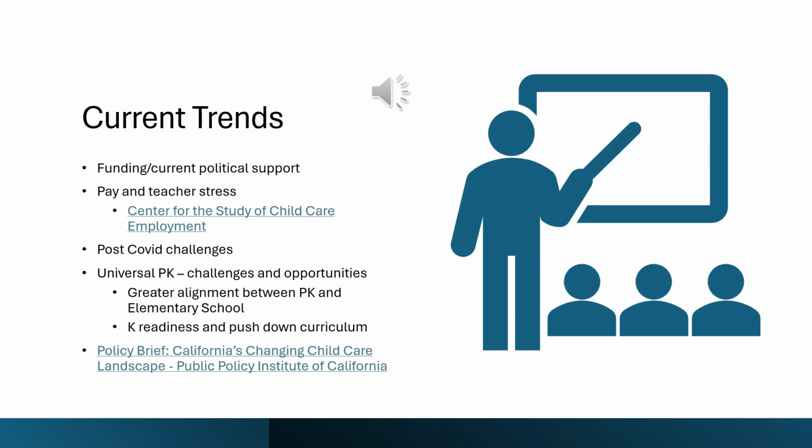One is funding. Funding is always up in the air. Depends on the administration. It depends on people's feelings at the time. It depends on whether people are approving of working mothers or all the other reasons that children need to go to childcare. So that's always kind of a little bit up in the air about what's happening.